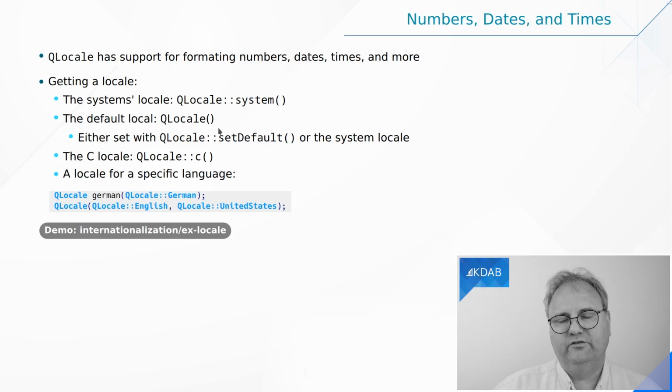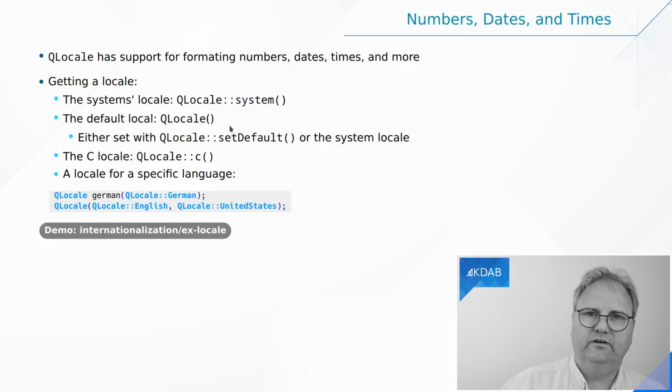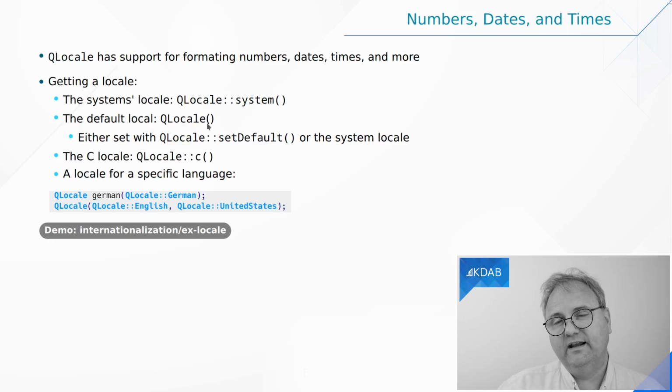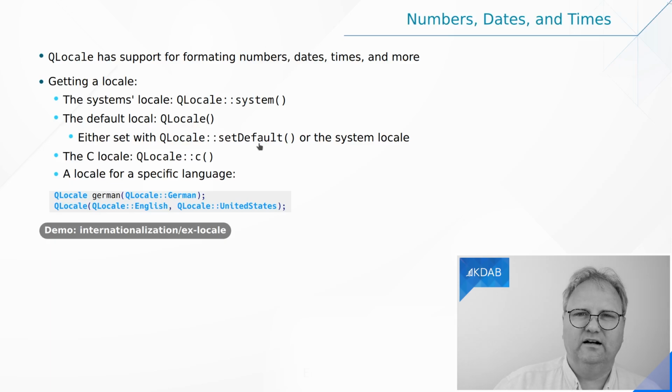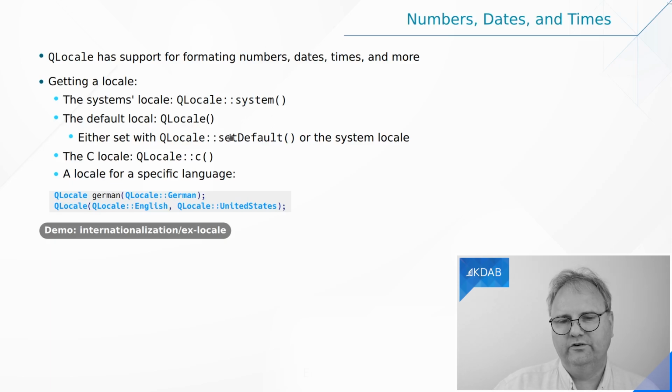You can also get a locale by default constructing an instance of that. And if you do that, then you'll either get the system one or the one that you have set with setDefault. I can't come up with a good example for when you would want to call setDefault, but just be aware of that. There is this difference between a default constructed one and the one that you get from system.